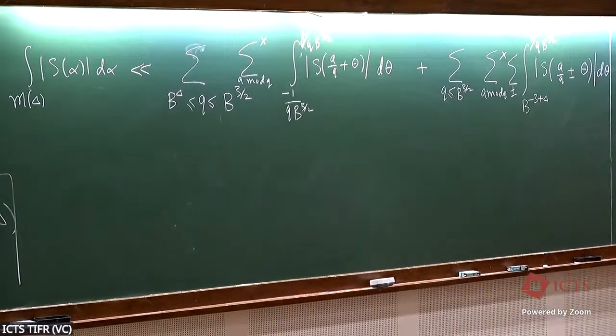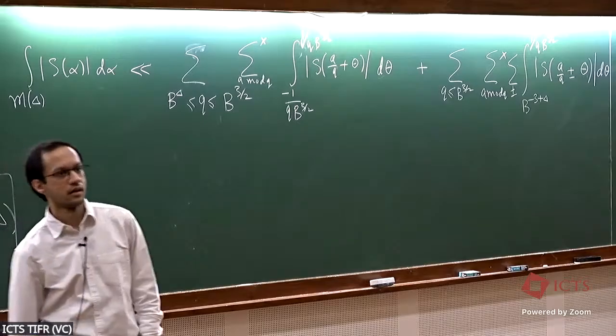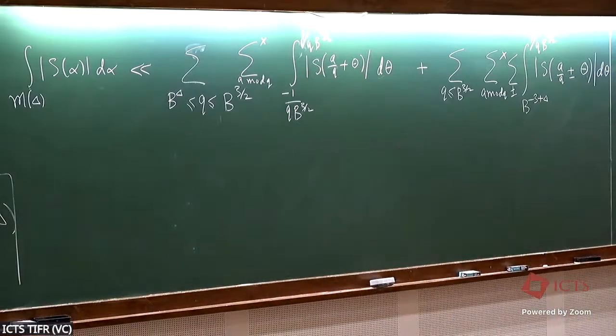Okay, maybe I'll just take a pause over here just so that I'll recall how the major arc was chosen. So it should be 3 minus delta, right? In the definition. Yeah. So it should be 3 minus.